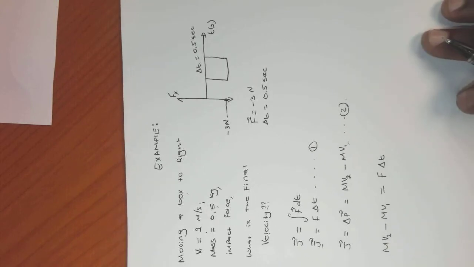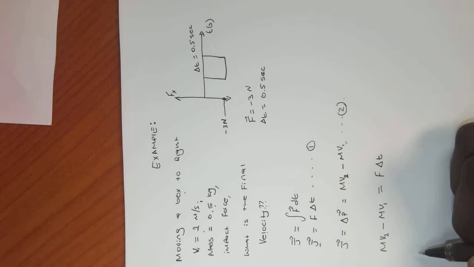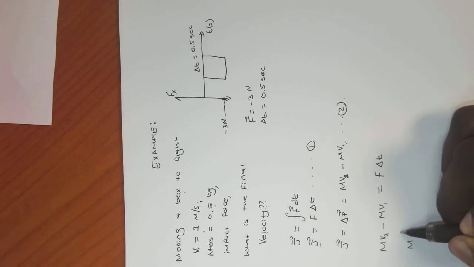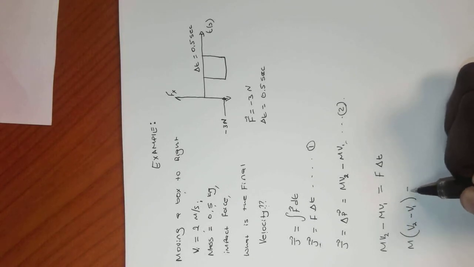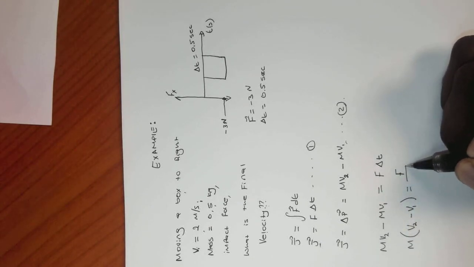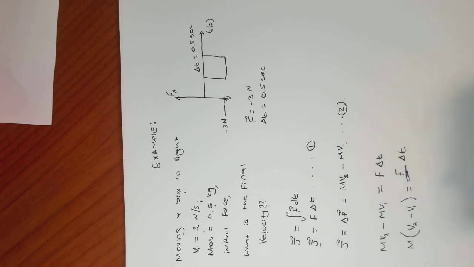So now you can solve for v2, which is the final velocity. So how do we do that? v2 minus v1 equals F change in t.